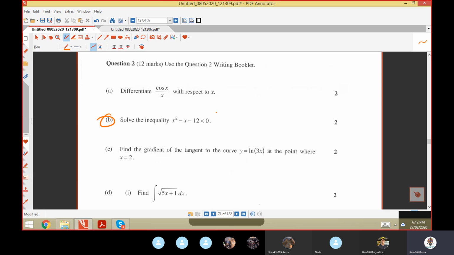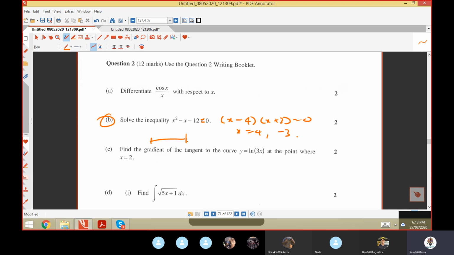Okay, obviously there's the way you would have got taught at school, which is through the graphical method. That's not the way I do it, so for those who have done it that way, that's fine, it's just not the way I would have taught it to you guys. We just do it as if it's equal to 0. So then that becomes what? X minus 4, x plus 3 equals 0, x equals 4, negative 3, and then we always just test.